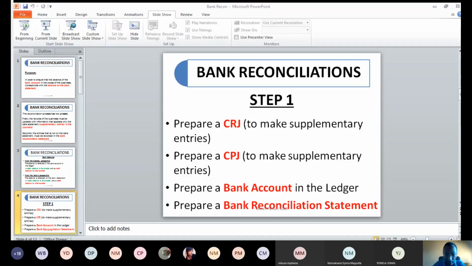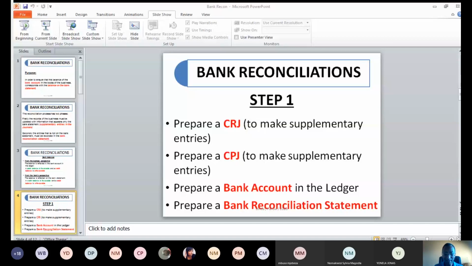In your next step, guys, you go to your bank statement and you record the balance on the bank statement on the last day. Take a look at the balance on the last day on the bank statement, and you record that balance in your reconciliation statement. If your bank statement reflects a credit balance, it is favorable.